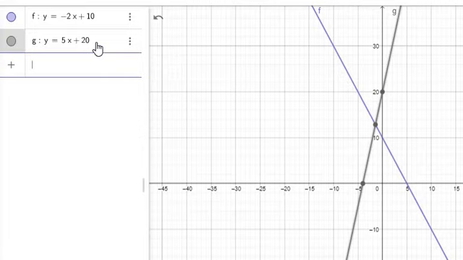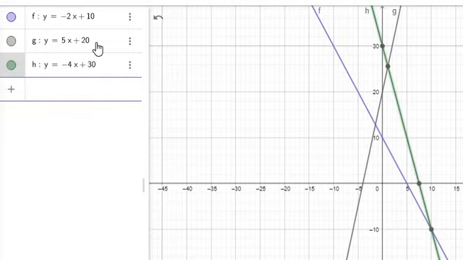Well, let us form another equation. Y equal, let us use negative as well. Negative 4x plus, let's use 30 as our y-intercept. And as you can see, 30 should be the y-intercept where the graph passes through the y-axis.